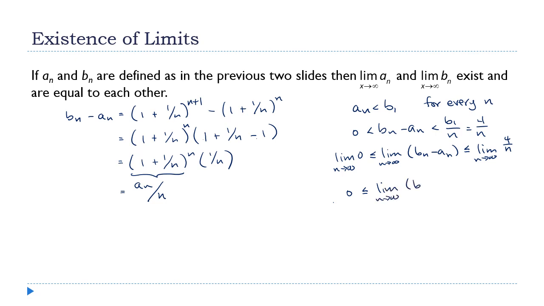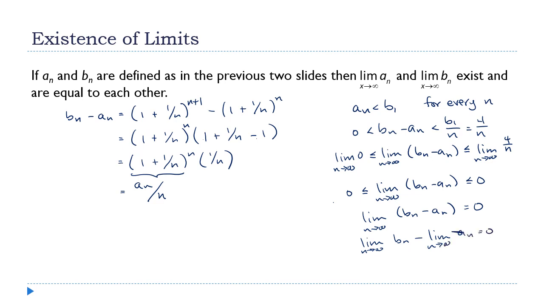The right-hand limit is also 0. So that means the limit as n approaches infinity of the difference is 0. Then you use your limit rules: this is the limit of b_n minus the limit of a_n.